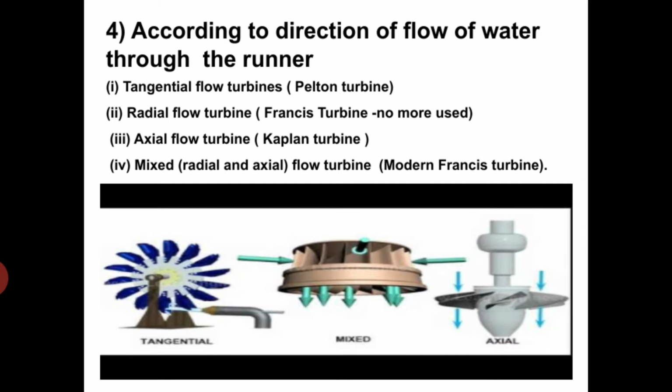So what do you mean by tangential flow turbine, radial flow turbine, or axial flow turbine? In a tangential flow turbine, that is the first figure, that is a Pelton turbine or impulse turbine, the water flows along the tangent of the runner.